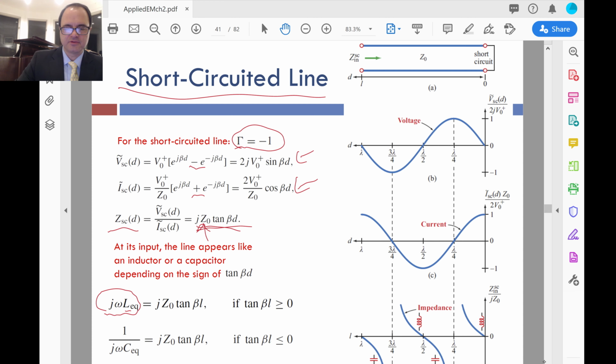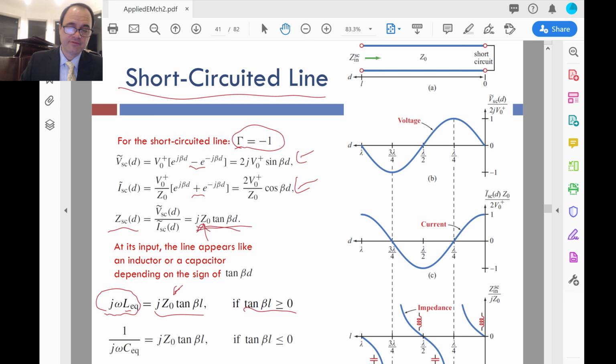So this whole right-hand side is a positive imaginary number, has to be. If we're going to say this is essentially equal to an effective inductance, then for this short-circuited line, tangent beta L has to remain positive, because Z naught certainly is positive.